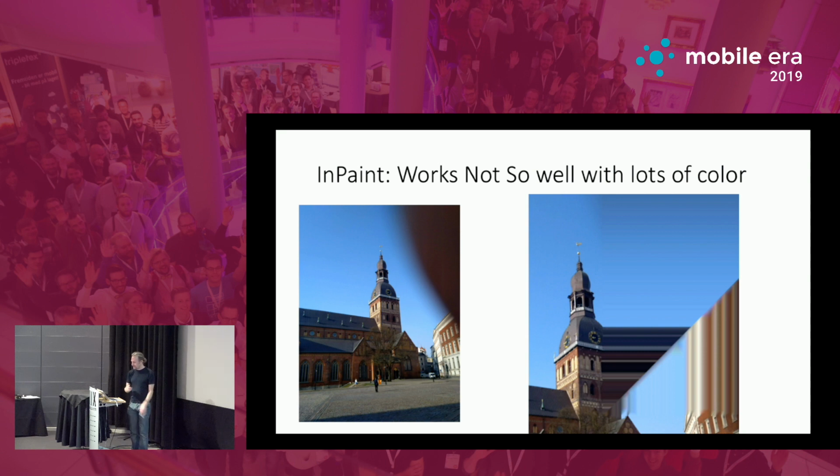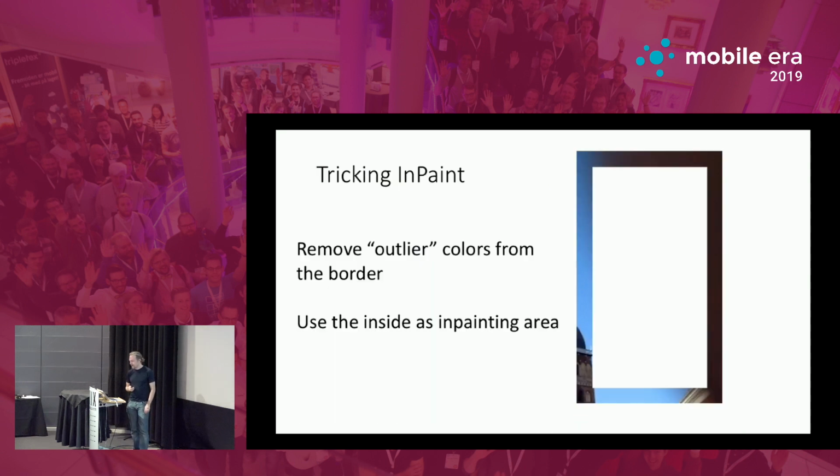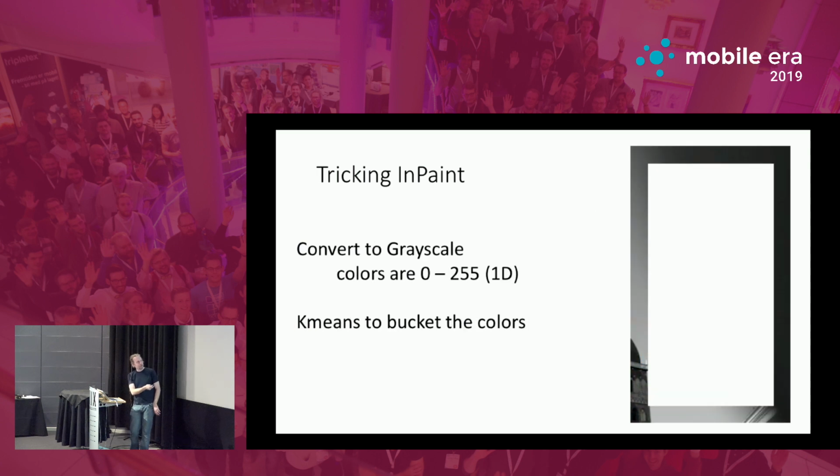So I was playing around with this, seeing if I could do this better, and I was trying to do some tricks by removing the outlier colors, like the buildings, basically, and then do the in-painting. So I turned everything gray, so I only had to deal with 256 colors. I bucketed all the colors with some k-means, so just math, which colors are more common, which ones are less common.